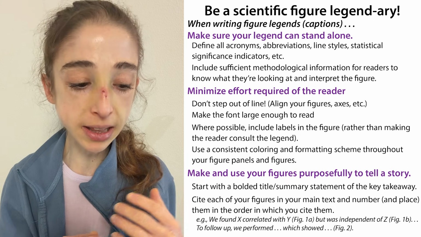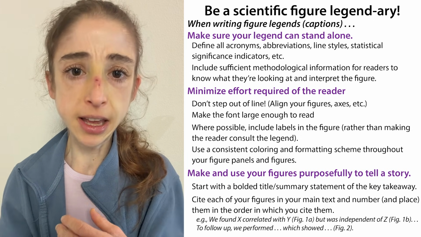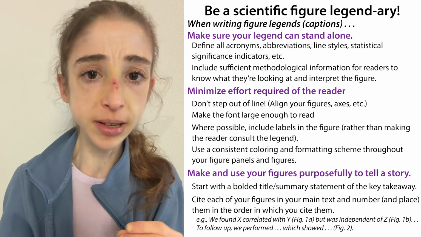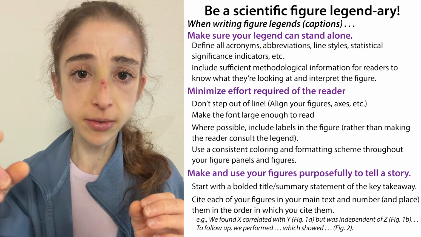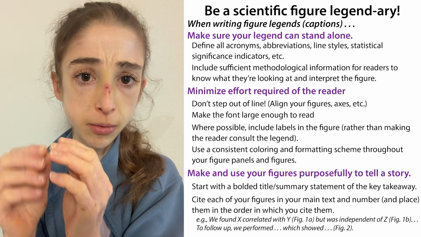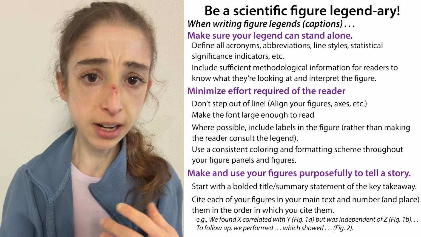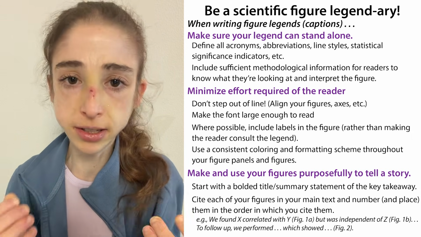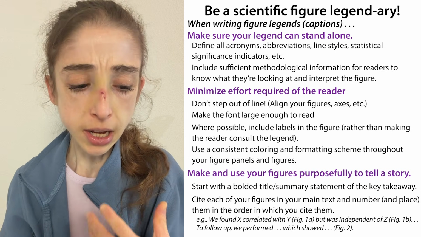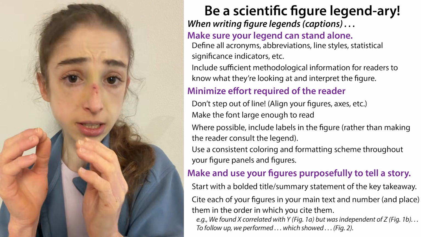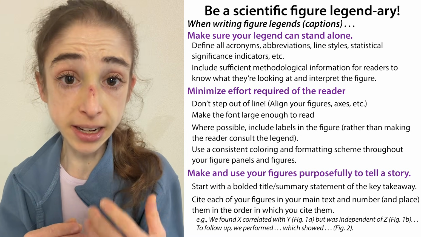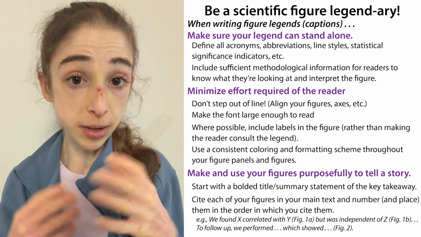Often, instead of saying, in figure blah blah, we show that, it'll be something like, this is associated with this (figure 1A), but not this (figure 1B), as opposed to figure 2. Although sometimes they do more explicitly state the figure as opposed to just citing it. But it needs to be cited at least once in the paper, typically.